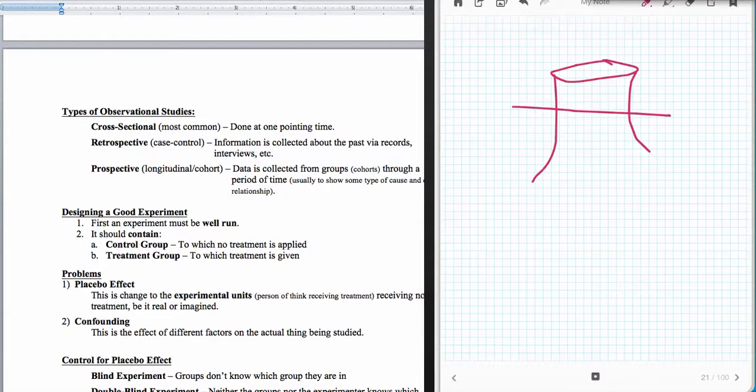Now, prospective or a longitudinal cohort study, those are where we're going to collect the data from the groups throughout a period of time. And usually with a prospective study, we're looking for some kind of cause and effect relationship. So the retrospective might want to do something like finding out the length of time that people lived who were smokers in the 1800s.